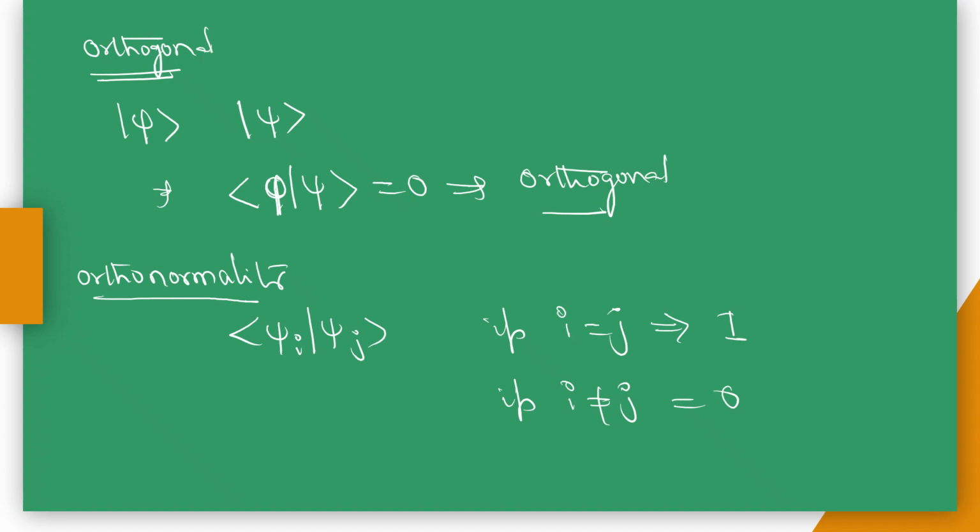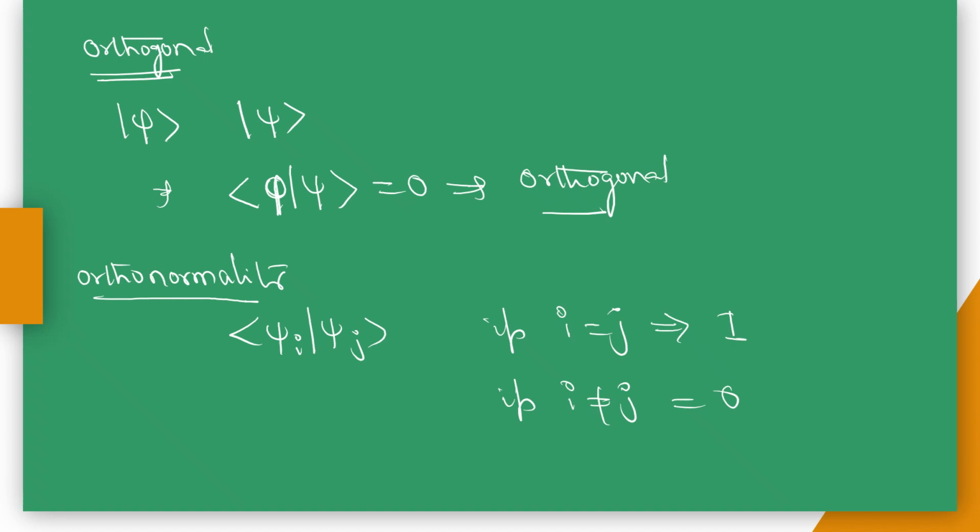So this is about the properties related to the inner product. The inner product always produces a scalar value. Conjugate symmetry. The psi and psi inner product is 0 only when psi is the 0 state vector. Normalization, that is psi with itself, the inner product value is 1.